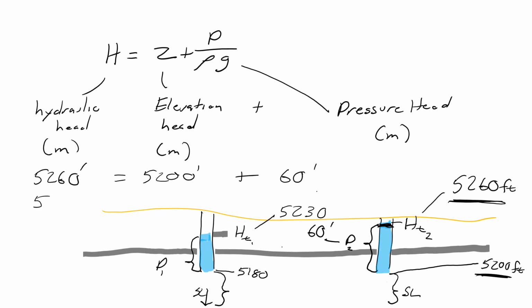What's total head? 5230. What's the elevation head, to the base of the well? 5180. How much of that energy is due to pressure? The difference between the two would be 50 feet.